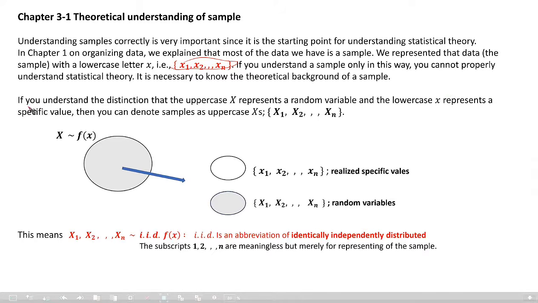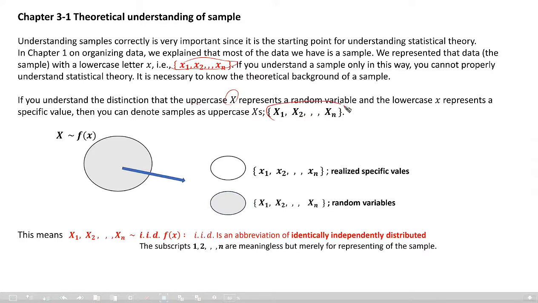If you understand the distinction that the uppercase X, capital X, represents a random variable and the lowercase x represents a specific value, then you can denote samples as uppercase X's: capital X1, capital X2, capital Xn.